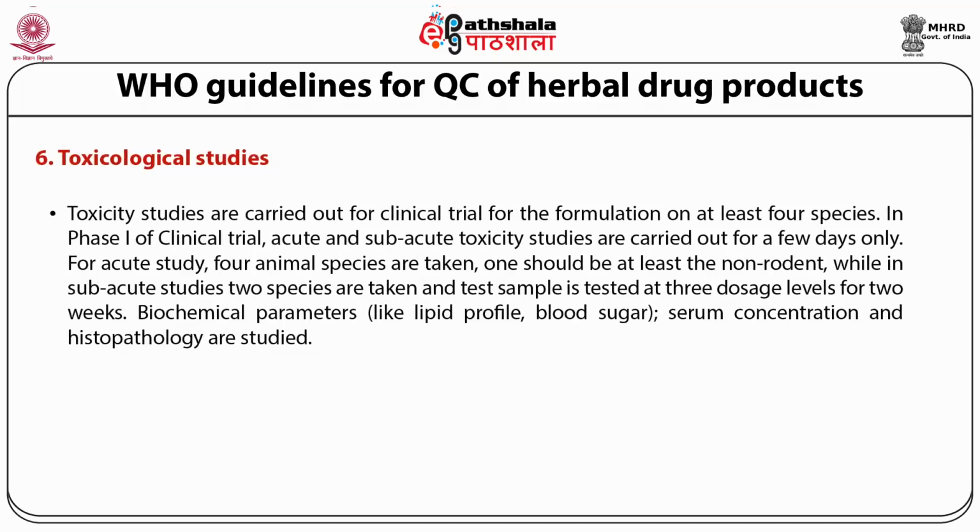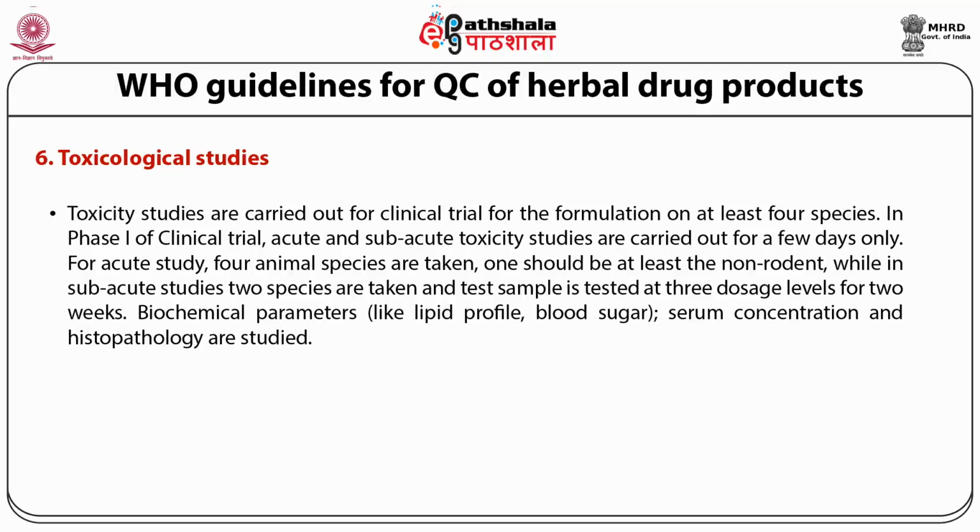Toxicity studies are carried out for clinical trial for the formulation on at least 4 species. In phase 1 of clinical trial, acute and subacute toxicity studies are carried out for a few days only. For acute study, 4 animal species are taken. One should be at least the non-rodent group.